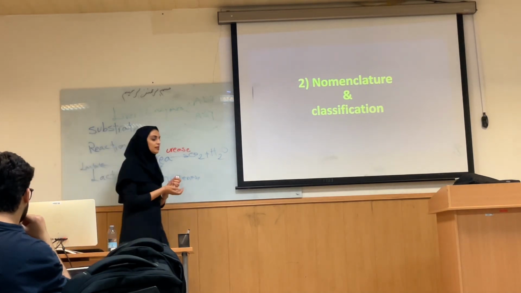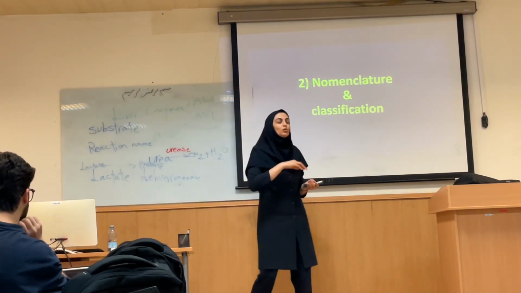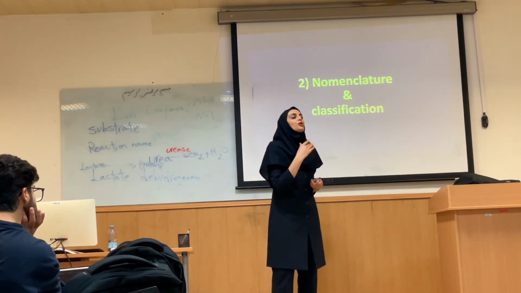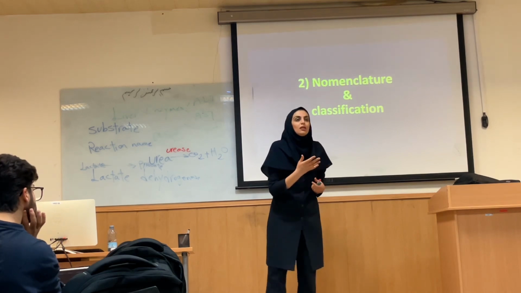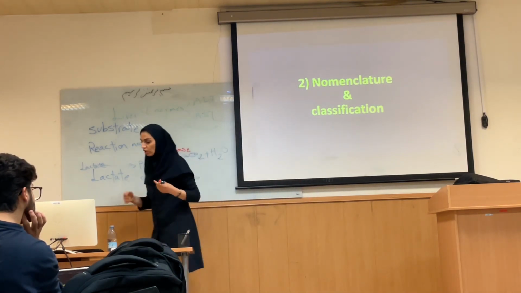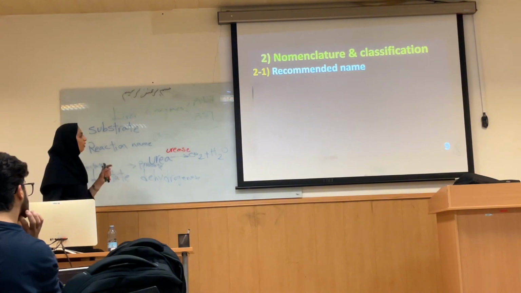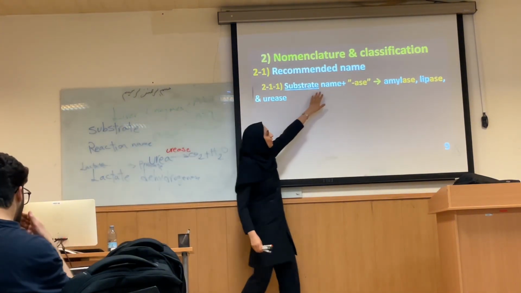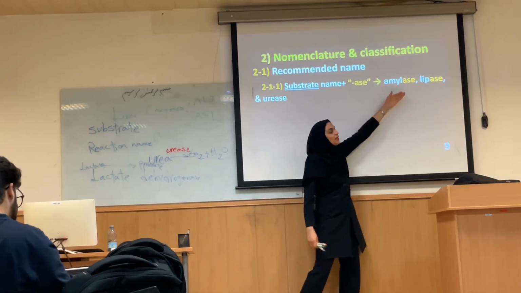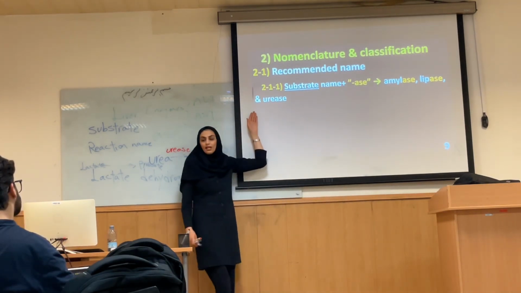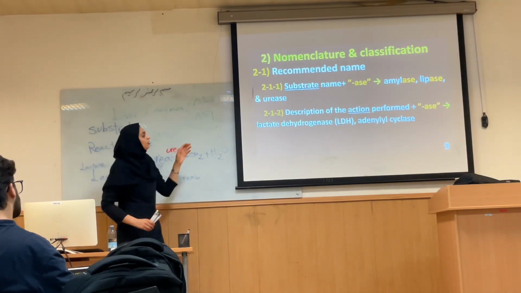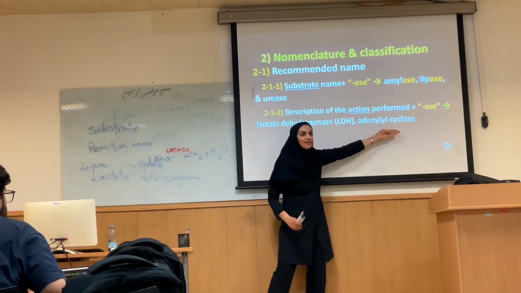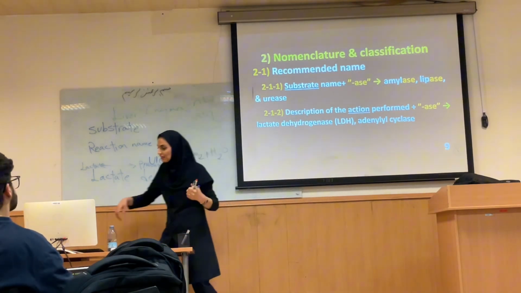And in some cases, the name is a trivial name or an old name of the enzyme, like trypsin, chymotrypsin, pepsin. They are not based on a special reaction, but they are based on the old name. You can see here a substrate name plus ase: amylase, lipase, urease, and on the other hand, lactate dehydrogenase, adenylyl cyclase. Do you know the role of adenylyl cyclase?